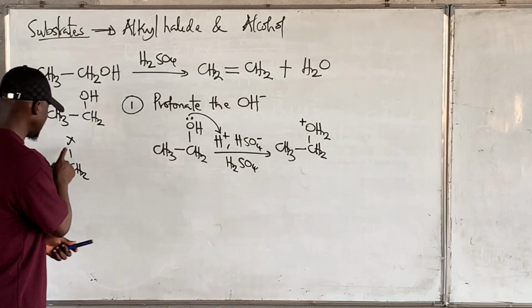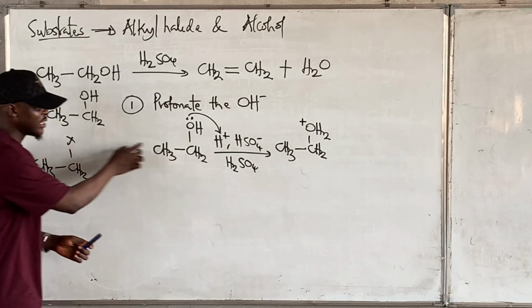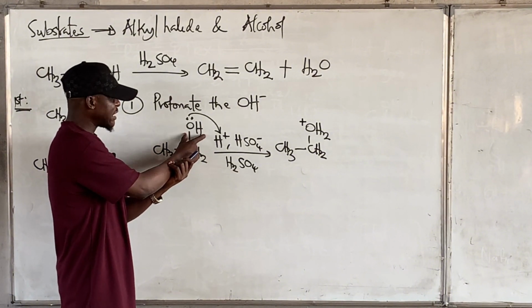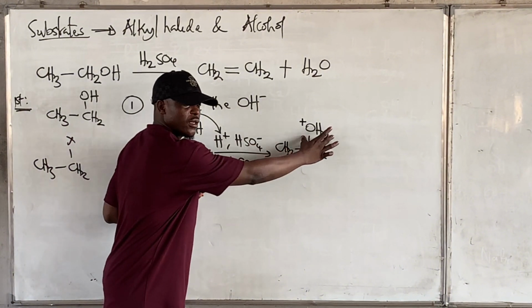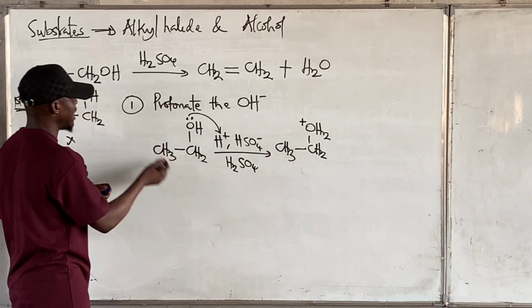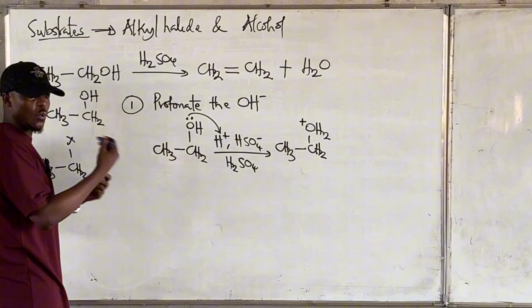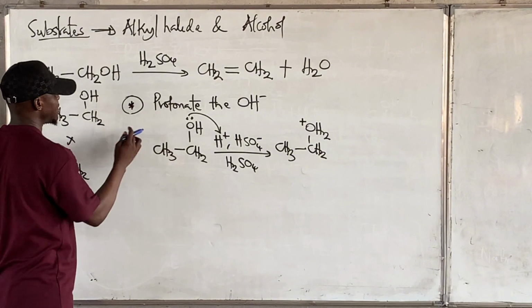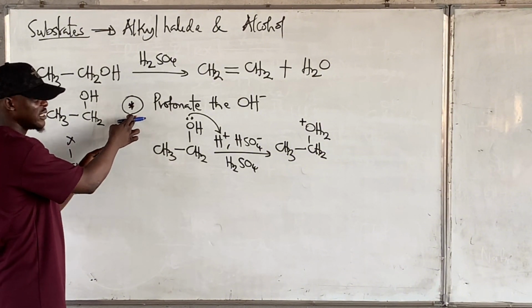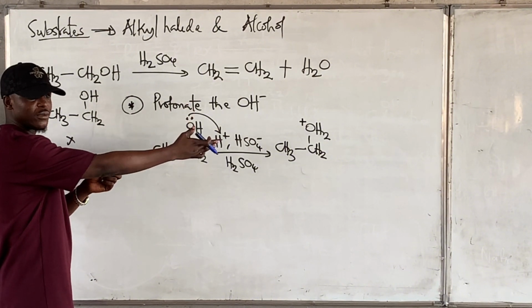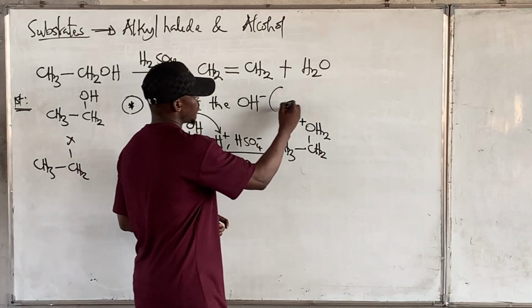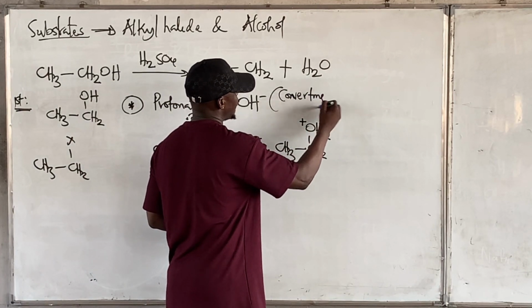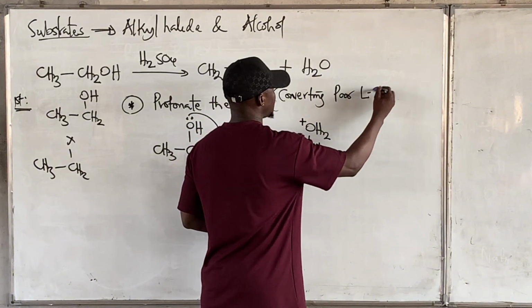In the case of this one, this is meant to be the leaving group, but it's a poor leaving group. We've converted it from a poor leaving group to a good leaving group. So I can now kickstart the process of E1. Let's just call this the protonation step, converting a poor leaving group to a good leaving group.